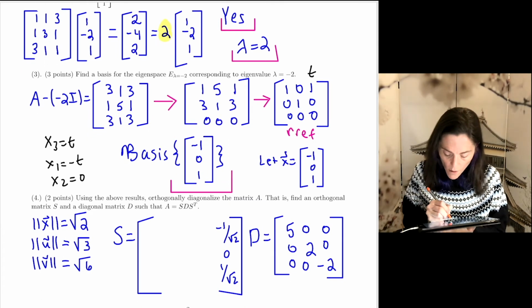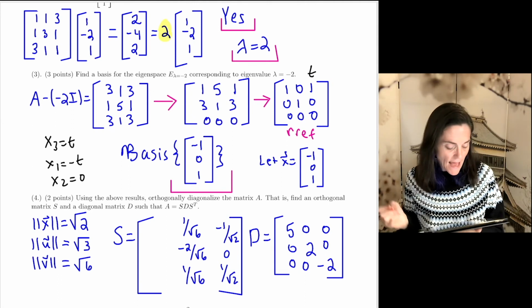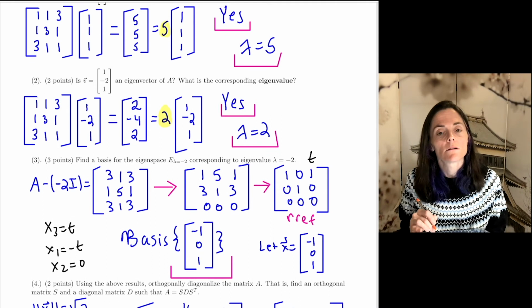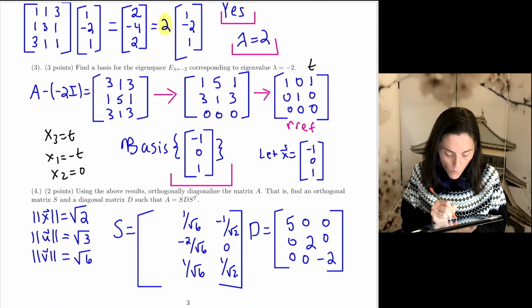So I have 1 over the square root of 6, minus 2 over the square root of 6, and 1 over the square root of 6. And then finally, vector x was 1, 1, 1, corresponding to lambda equals 5. So we have 1 over the square root of 3, 1 over the square root of 3, and 1 over the square root of 3.